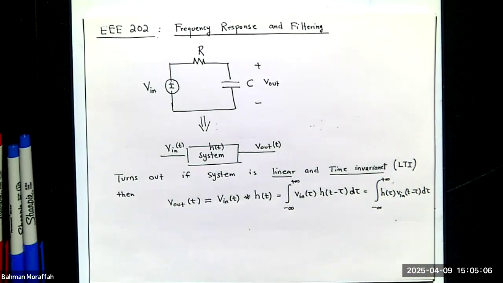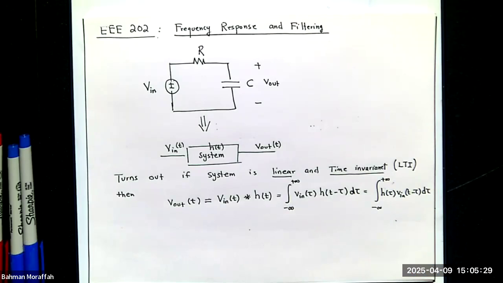There are a few words in here that I haven't really defined, like linear and time invariant. If you're an electrical engineer, you're going to take two or three classes in signals and systems. They're going to define these things in detail. But to give you a very quick idea, when a system is linear, it means that it is additive and homogeneous.